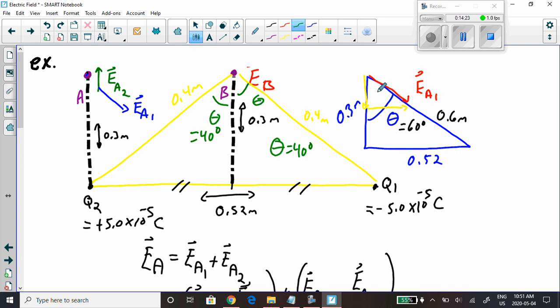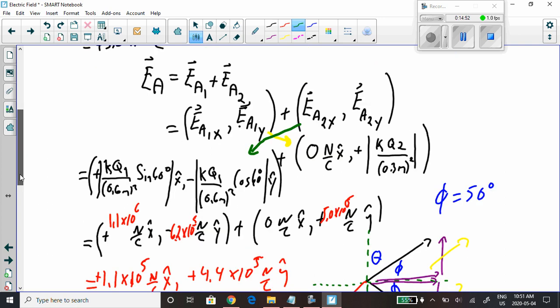So I need to know that this is 60 degrees so that I can break it down into components where the x component would be opposite to the 60, so it would involve a sine. The y component is adjacent to the 60 degrees, so it would involve a cos. And look, the x component is positive, the y component is negative. I get that from the diagram. So that's what we do here.